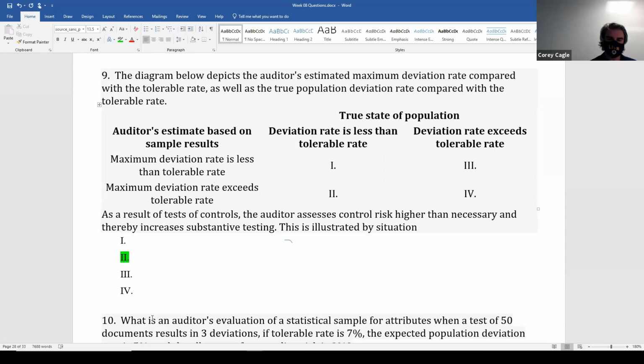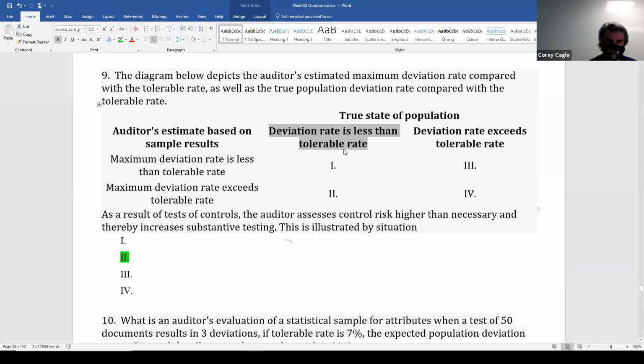So higher than reality, right? So the true state of the population would be that the deviation rate is less than the tolerable rate, right? So the true state of the population is everything is good.